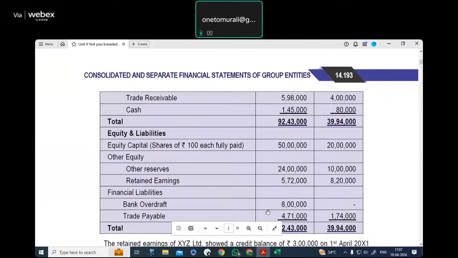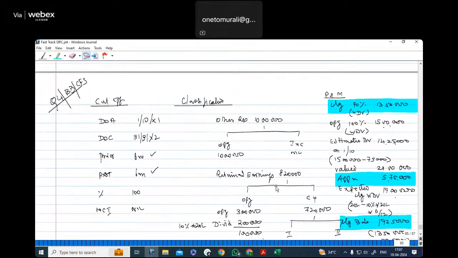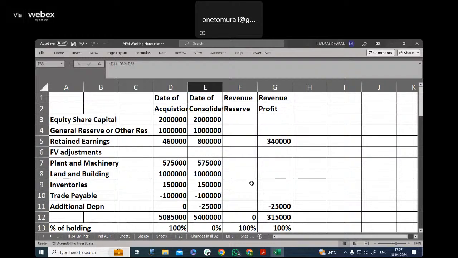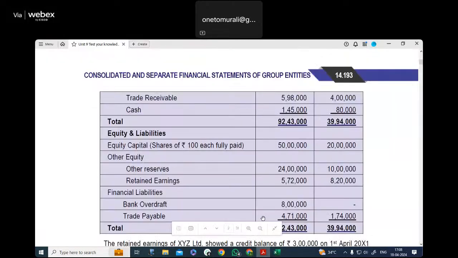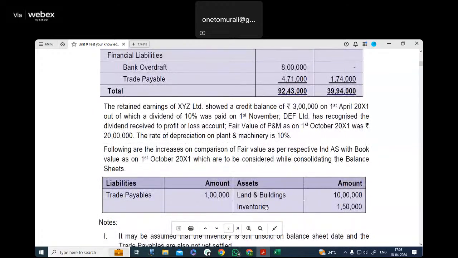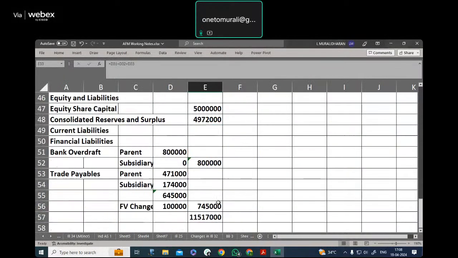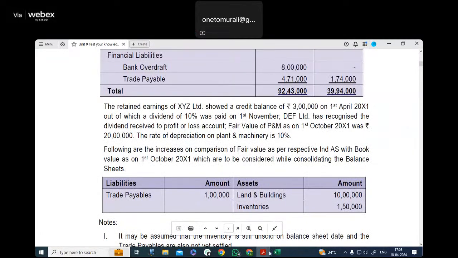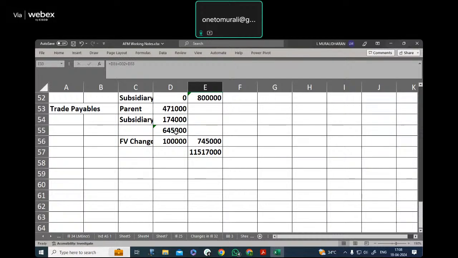So, on the liability side, so 820, 720, 460, right? 800, 800. 471, 174. 645 fair value change, 1 lakh.